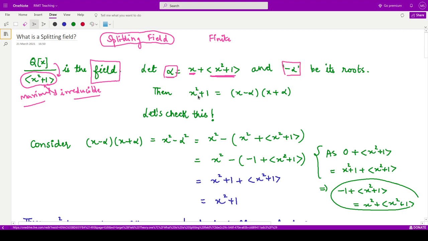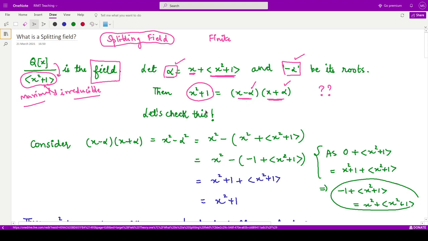So now if both of them are its root, that means we can write this polynomial x square plus 1 as the product of these two polynomials x minus alpha and x plus alpha, because alpha and minus alpha are the roots of this polynomial. So is it always true? Can we always write the polynomial as a product of these two polynomials?